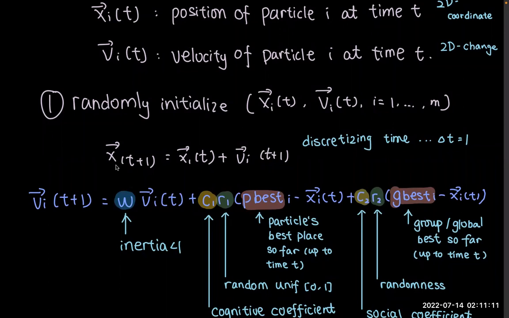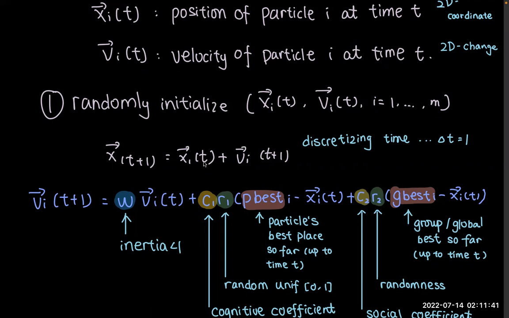So x_i(t+1) will be x_i(t) plus v_i(t+1). This x_i(t) is the previous position, this is the current velocity, and with this velocity, the bird moves to the new position: x_i(t+1) equals x_i(t) plus v_i(t+1).